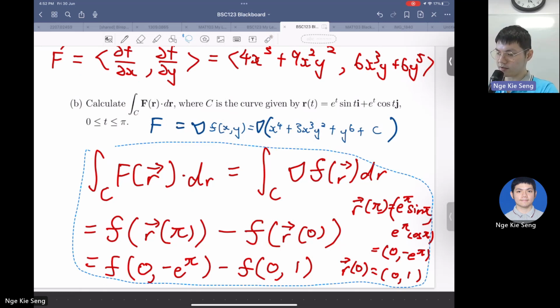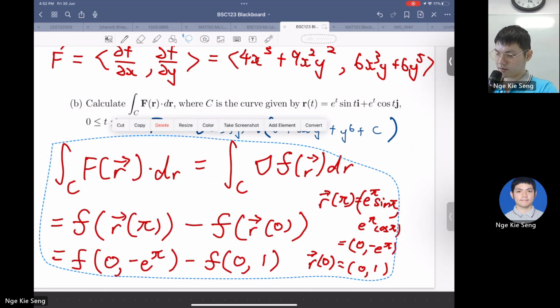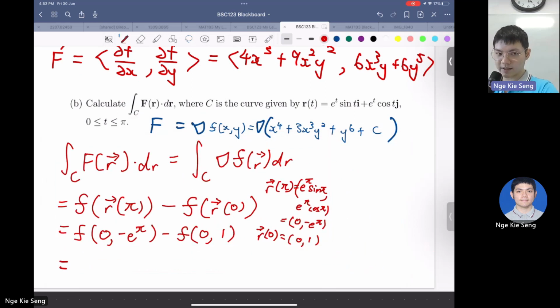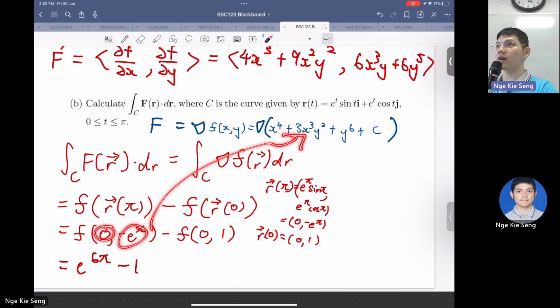Anyone finish computed? Yes. E to the 6 pi minus 1. Okay. So you sub the xy into the function, and then take the difference. Try and compute.